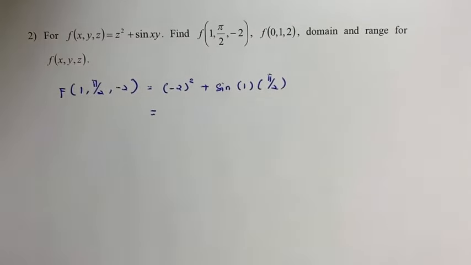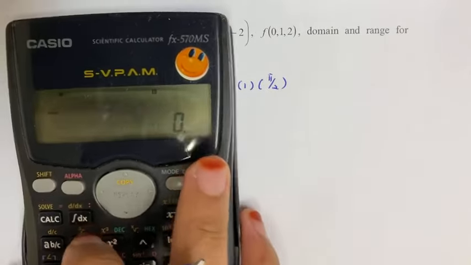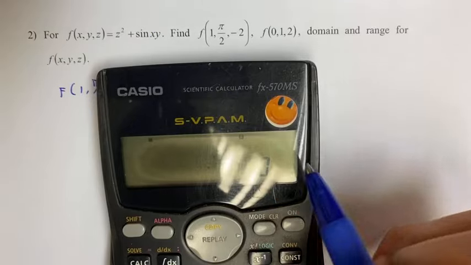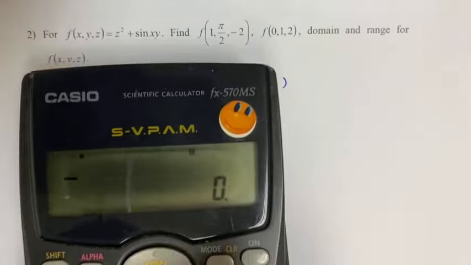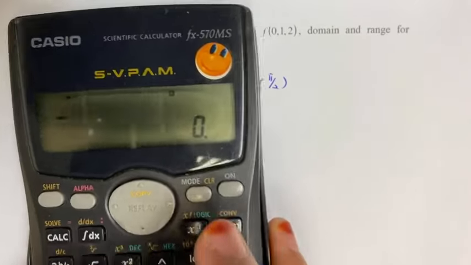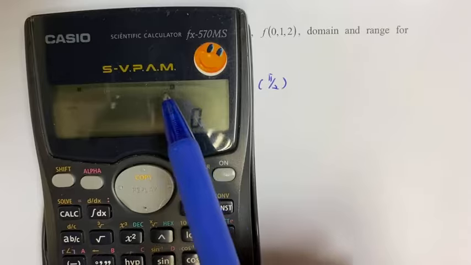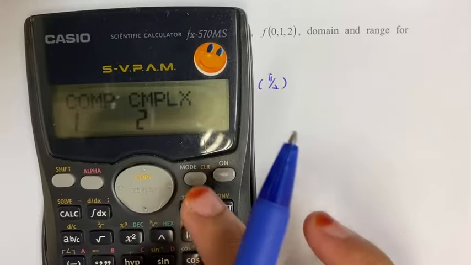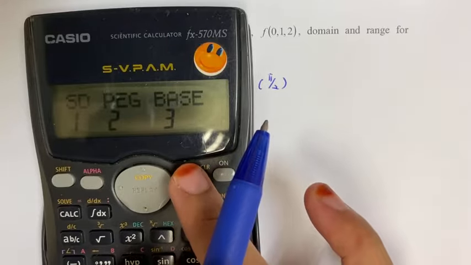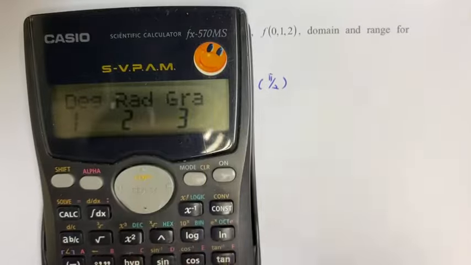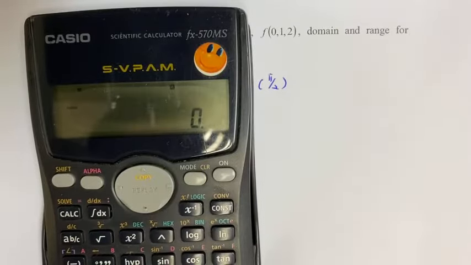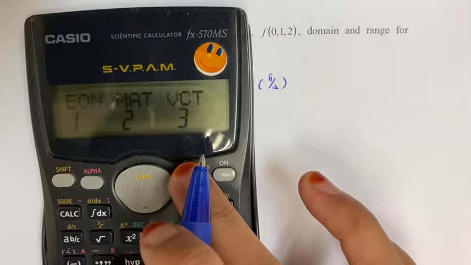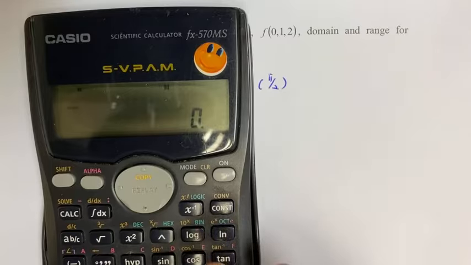Remember, whenever you want to find the value for sine involving pi or pi over 2 or pi over 4, make sure your mode is in radian. Change your mode, press 2 for radian. If you do this using degree, you will get the wrong answer.